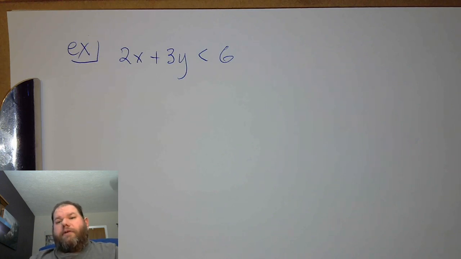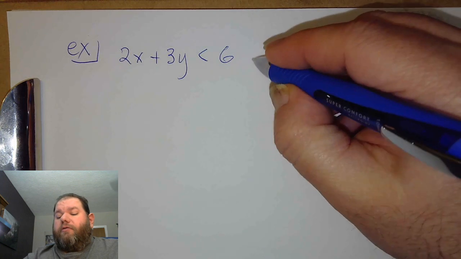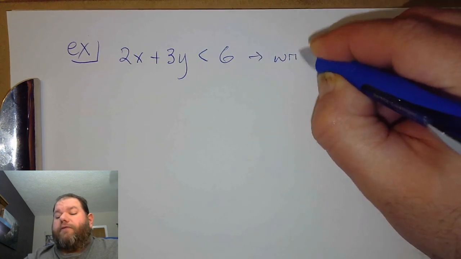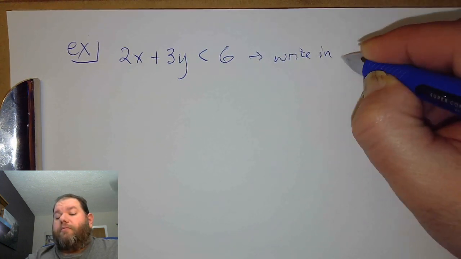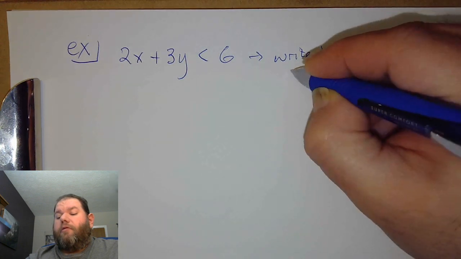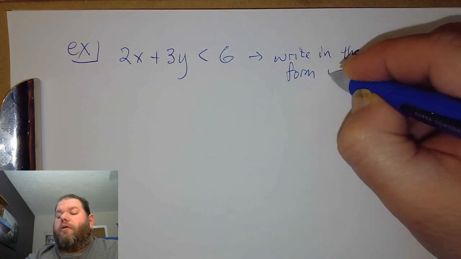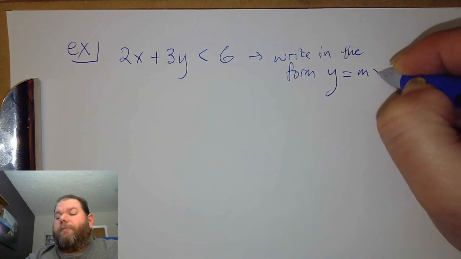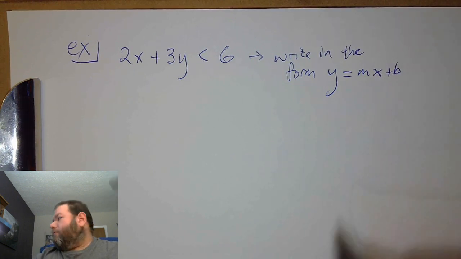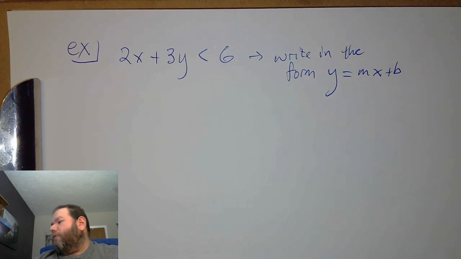Whenever we have 2 variables like this, we have x and y in the inequality, we want to write it in the form of y equals mx plus b. Now, the issue is it's not actually equals, though.